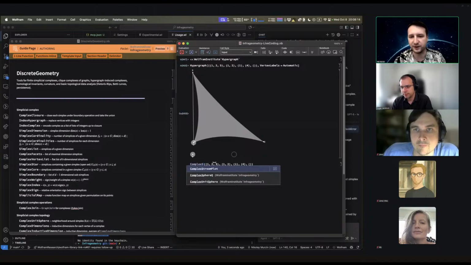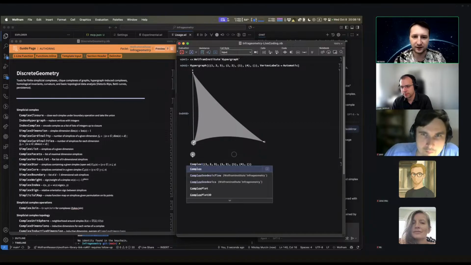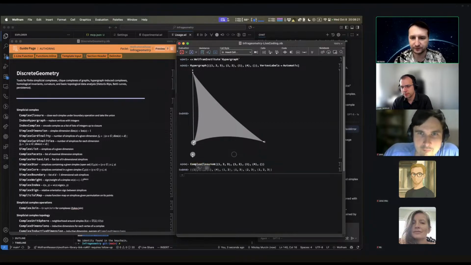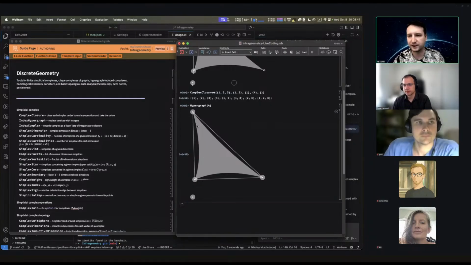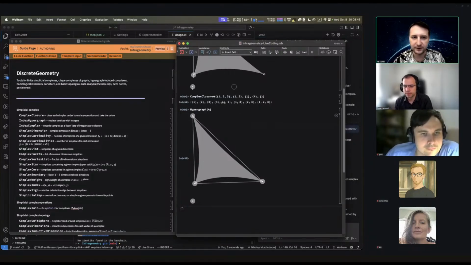So if your hypergraph is this list of edges, then when you close it, it will get rid of these empty edges, and it will also close all the triangles with the boundary edges, and all the boundary edges with the vertices like that. So if you turn it back into a hypergraph, it will add this additional structure. So in a way, now it contains all the boundaries explicitly. So that's the complex, right?